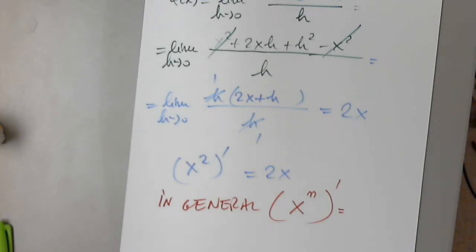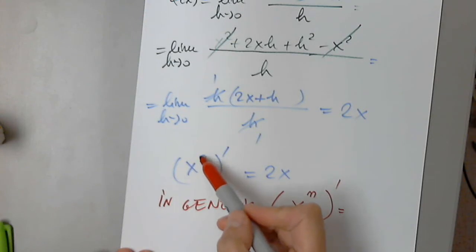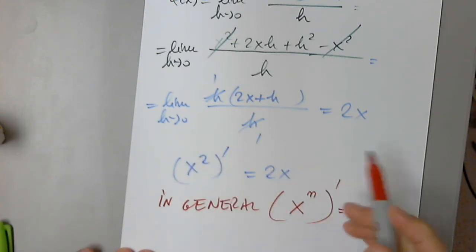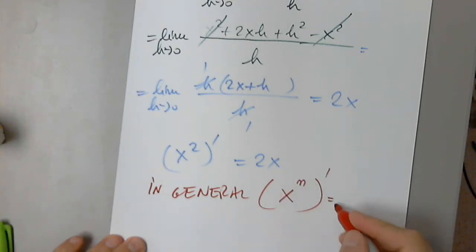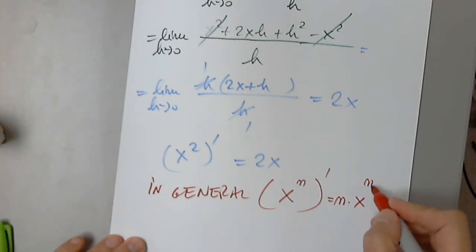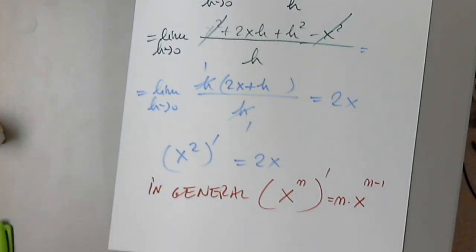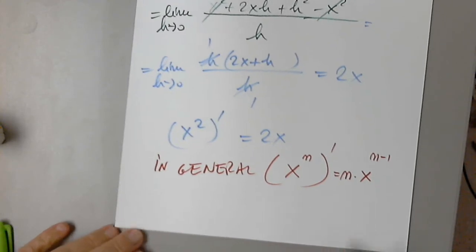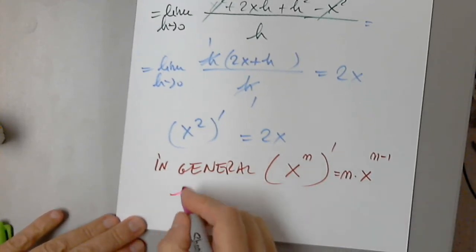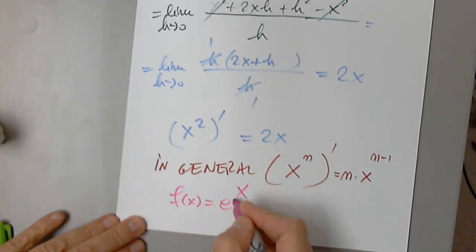Notice what happened here: we moved 2 in front, and we subtracted 1 from the power. So then we move n in front, and we subtract 1 from the power. The third function that I wanted to look at is f of x equals e to the x.